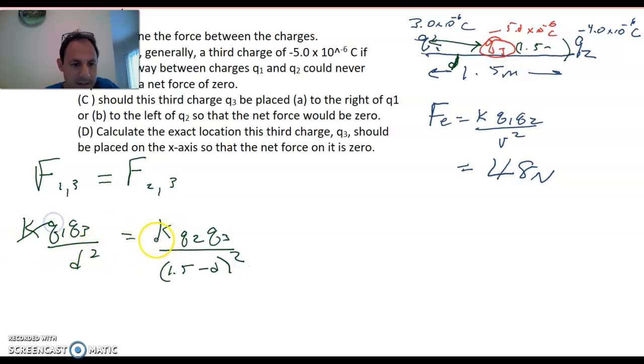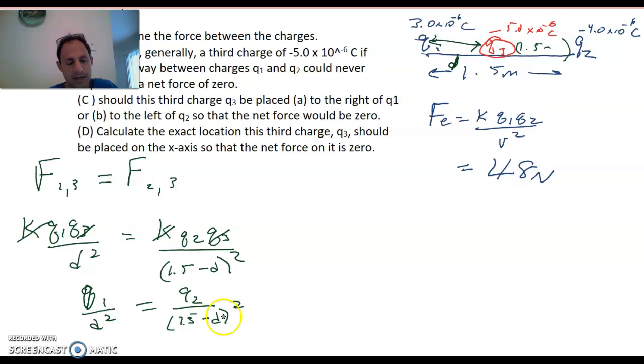Fortunately, the K's will cancel out, so we don't have to do that. And the Q3's will cancel out when we set them equal to each other. So we're left with Q1 over D squared is going to be equal to Q2 over 1.5 minus D squared. And the name of the game is just solve for D.